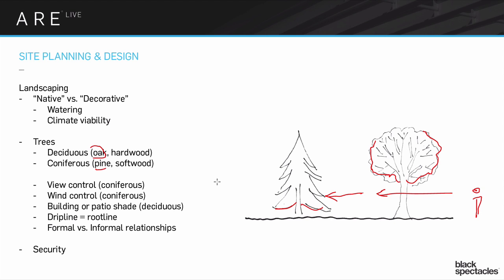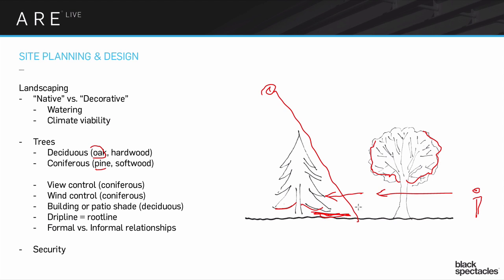You have two choices usually on the vignettes, and you should definitely choose correctly. If it's about view control, if it's about wind, it's the coniferous trees. If it's about providing shade, then it's the deciduous tree. Think about shade. With the coniferous tree, I have that sun angle coming from way up there.